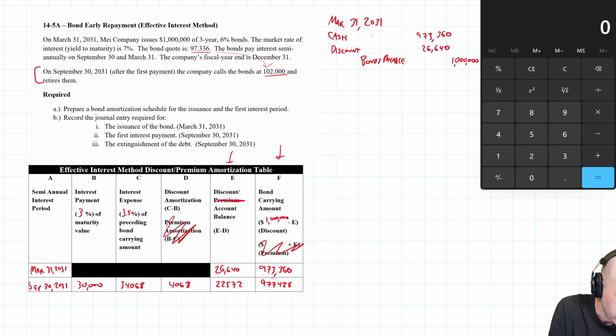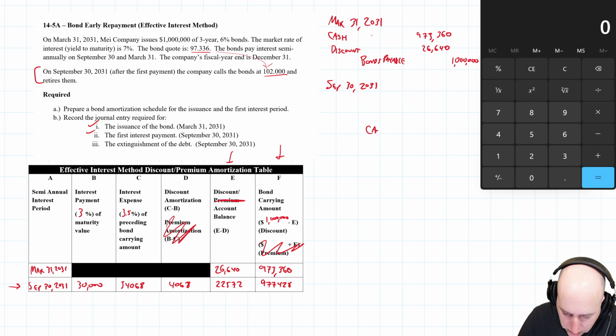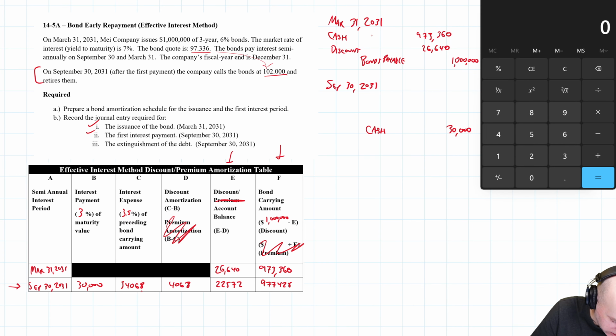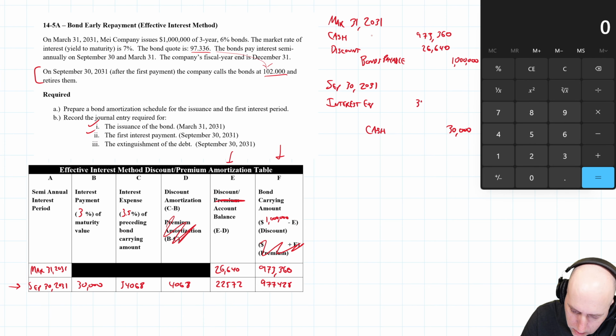We've got to do the journal entries for the issuance of the bond. That's done. The first interest payment, September 30th. And so, okay, what does that payment look like? It's just this line. So credit cash for $30,000. Debit interest expense for $34,068.